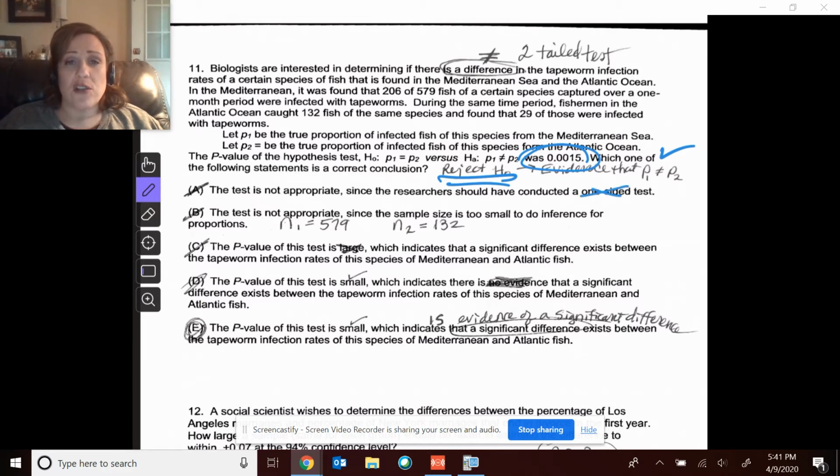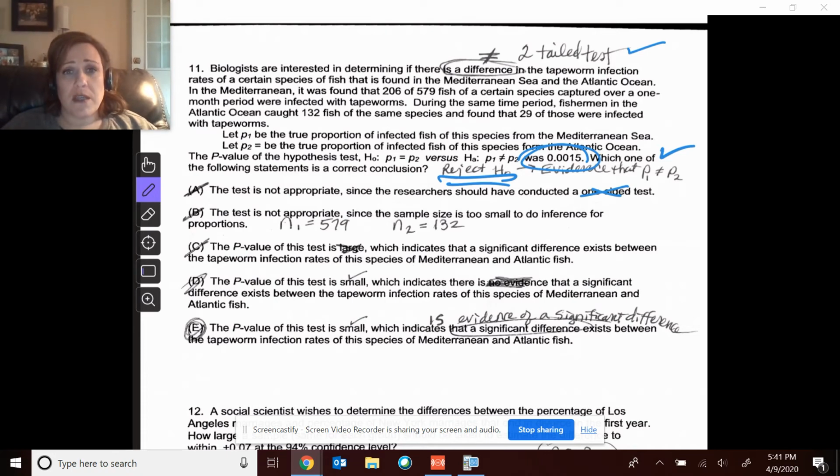A is false because it was a 2-tailed test. B, they were 2 independent samples. They weren't too small. Both the successes and failures for the groups were greater than or equal to 10, so they had at least 10 successes and failures for both groups, and that's what we're looking for to be large enough.